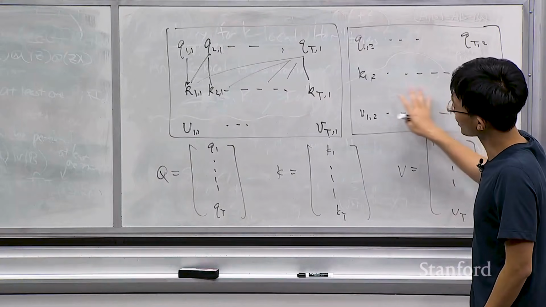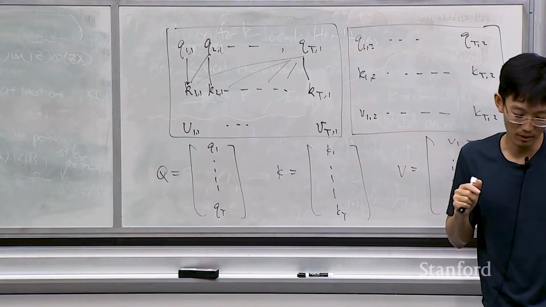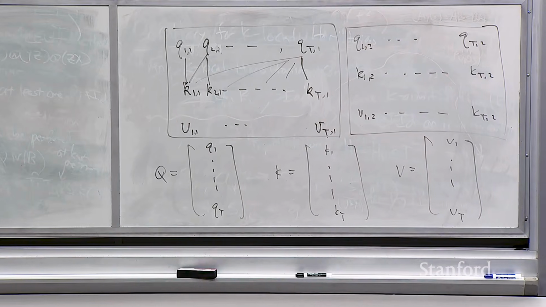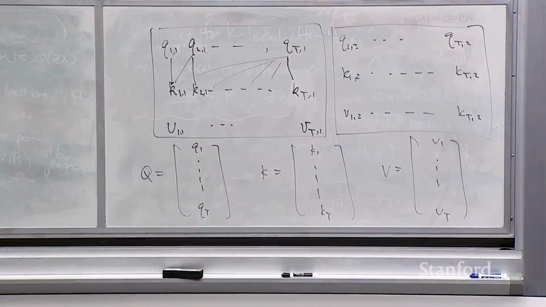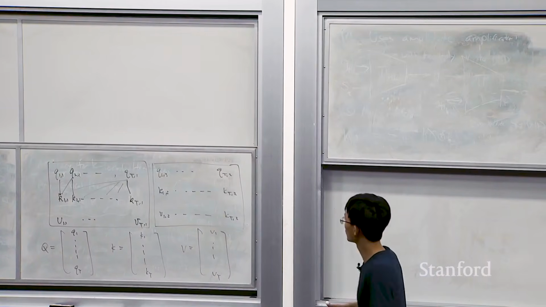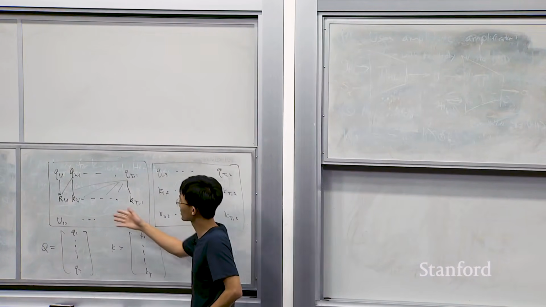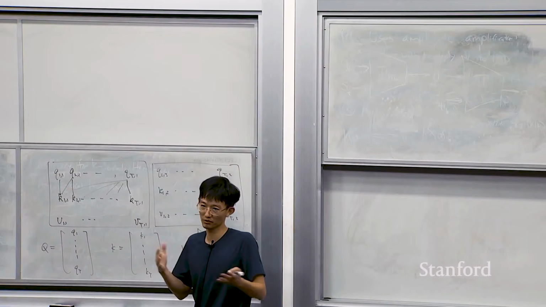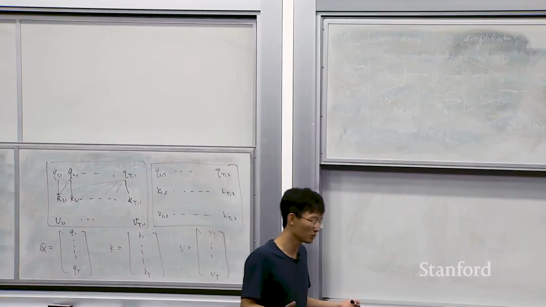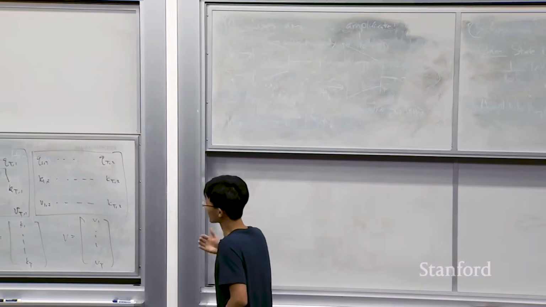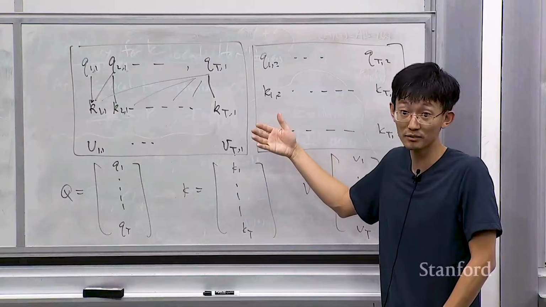Because you have to save all of this, they take a lot of memory in the GPU memory, and that makes it very hard for you to have a lot of examples in your batch, a lot of sequences in your batch. So in some cases, even just saving the KV cache for one single sequence will use up most of your memory. Or maybe you can save 10 sequences or maybe 100 sequences, something like that. But there's a limit on how many sequences you can save.